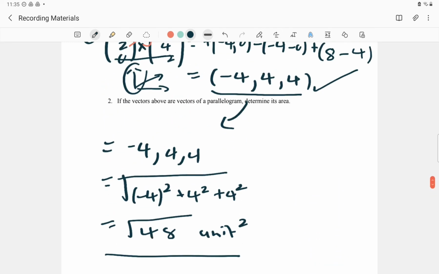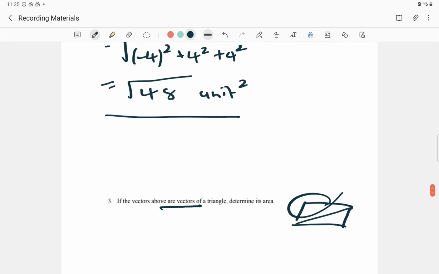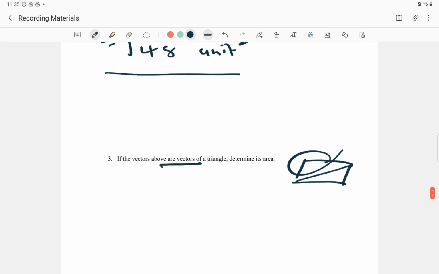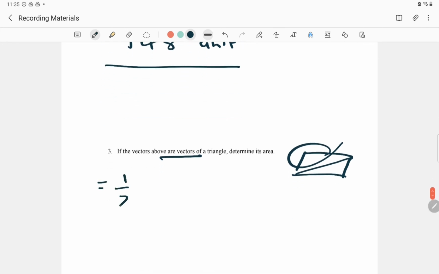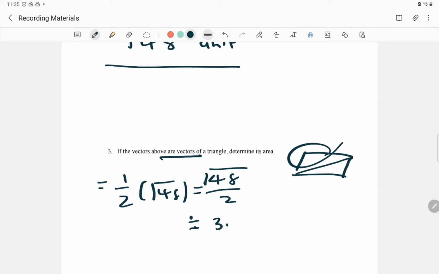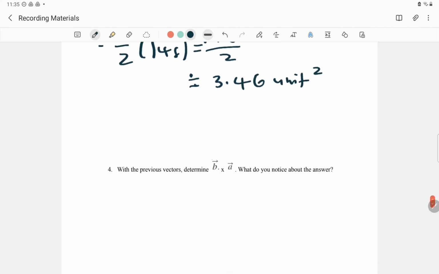So you have to do the steps above, but since we've already done it, all we have to do now is to take 1/2 of square root 48, which equals square root of 48 divided by 2, and the answer that we'll be getting when plugged into the calculator is approximately 3.46 unit square. Very simple.